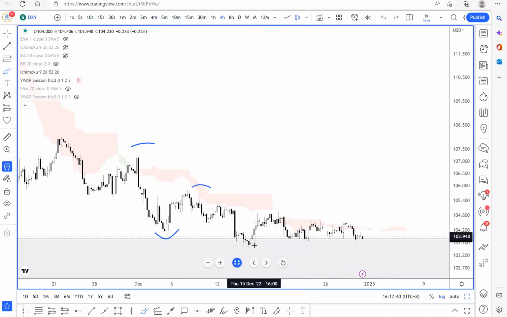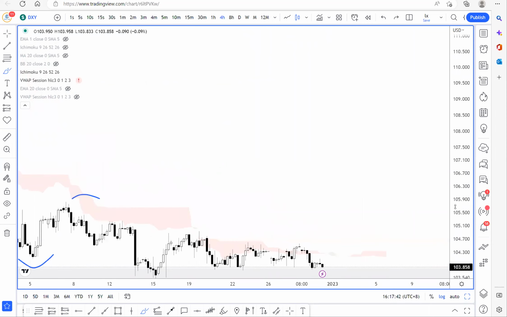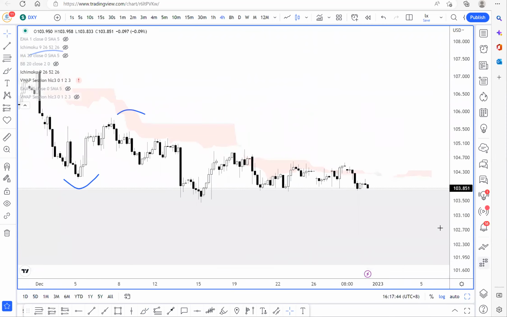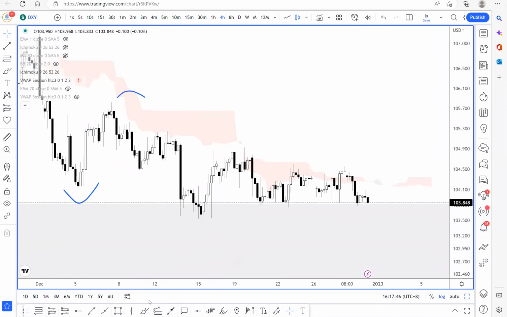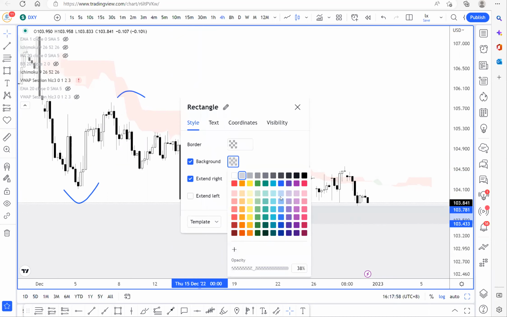If you're on the 4 hour time frame, recall that when we take a look at demand regions, we look at the extreme of the move. Essentially, when price saw a push up to this area, this area itself then serves as a demand zone. Let me highlight this zone in a different color.